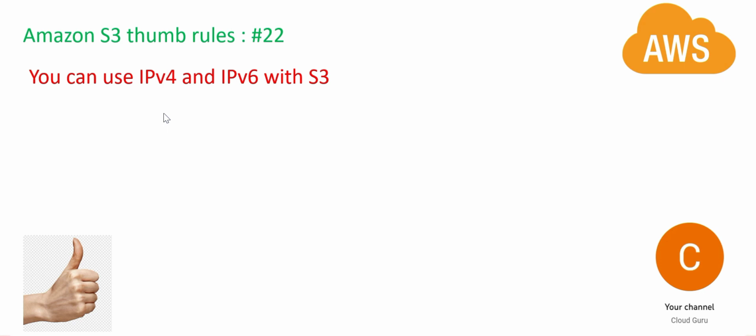Now the number of devices, that is your mobile phones, smartphones, laptops, desktops, iPads, and so on, increased to millions, so IPv4 IPs are getting exhausted. That's why they have introduced IPv6. I'm pretty sure in 10 years from now, IPv6 will get exhausted and they might introduce IPv8. But the thumb rule here is, if the question asks whether in S3 we can use IPv6 IPs, yes you can.